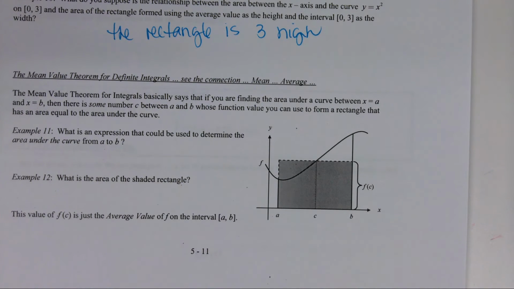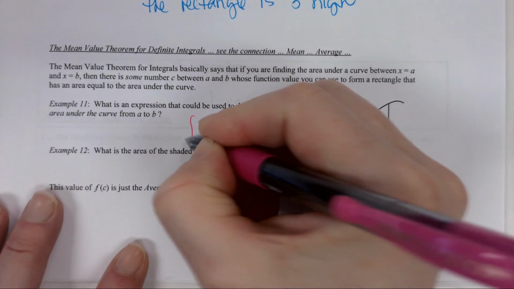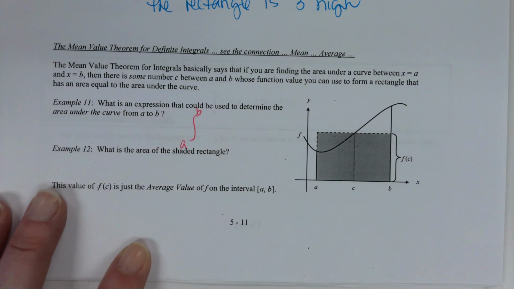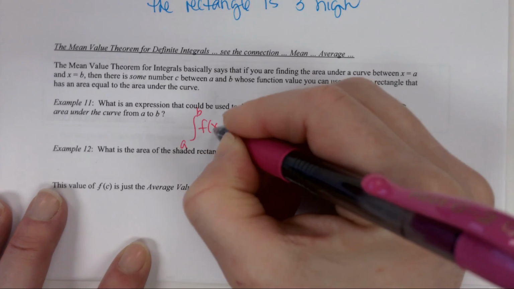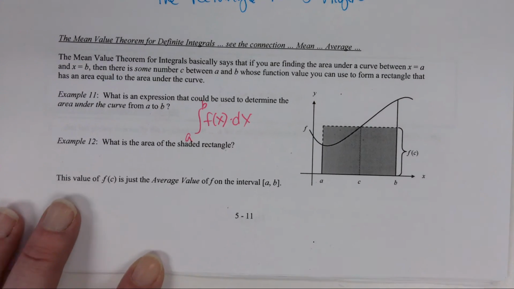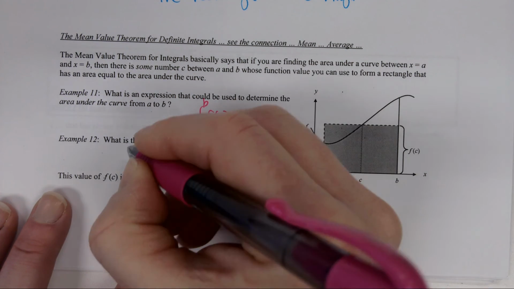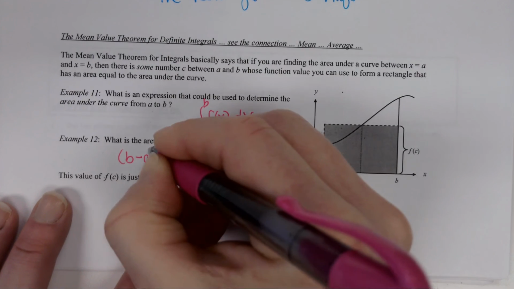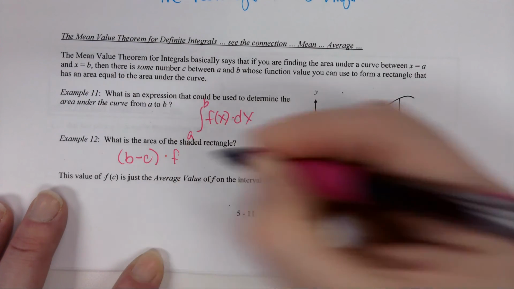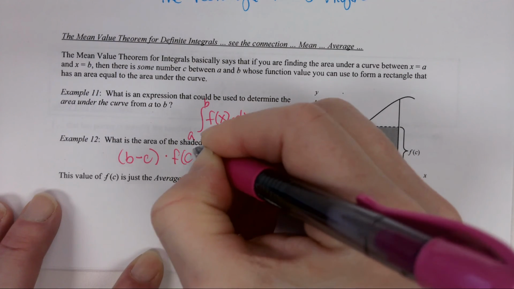Let's see, what are they asking us to do here? What is an expression that could be used to determine the area under the curve from a to b? The expression is the integral from a to b of f of x dx. What is the area of the shaded rectangle? b minus a times f of c.